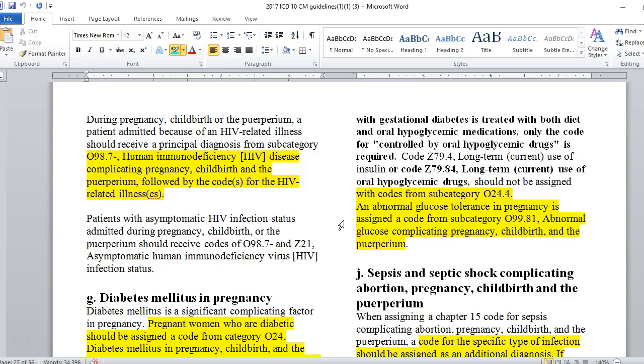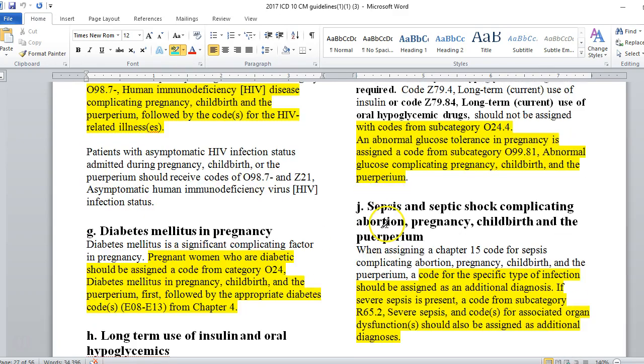So if mom failed her glucose test, she has to go back and get a 3-hour glucose test done. So when she goes back to have that 3-hour glucose test done, guess what code we need to use? O99.81. So again, not to be confused with an actual diagnosis of gestational diabetes.